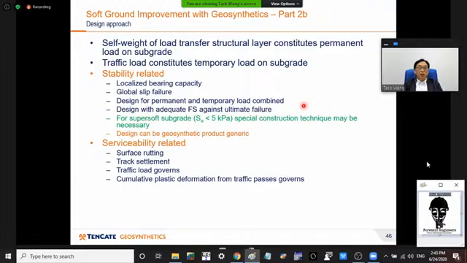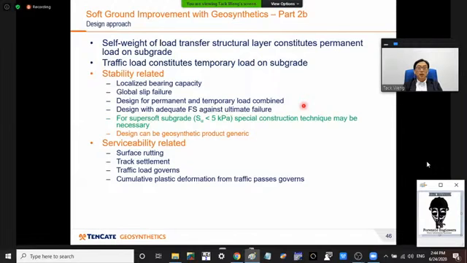Traffic load governs. It is the cumulative plastic deformation from the traffic passes that are important, because when the load comes on, it presses or compresses the subgrade soil, and then when it goes off, there's a certain rebound, but there's a certain plastic portion that remains.